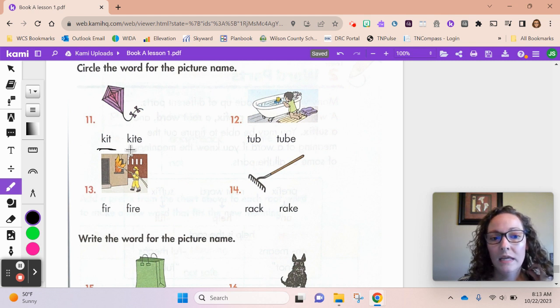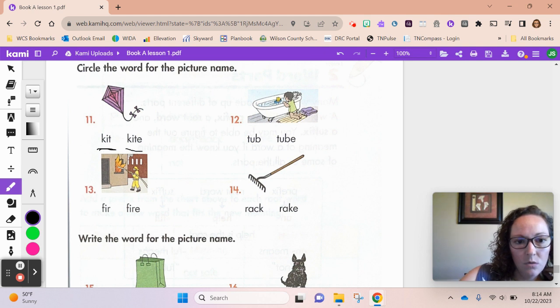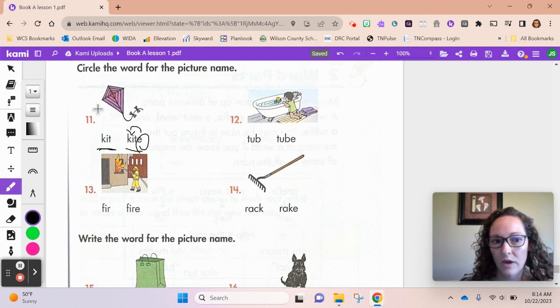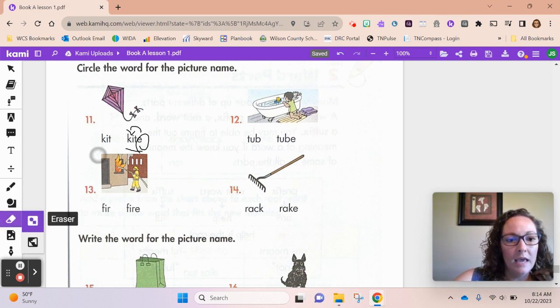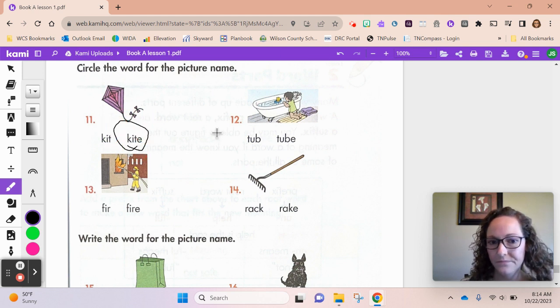And then when it has a silent E, the E makes the I say its name, I. Okay, so number 11, this is a kite. Kite. I hear the long I sound. This word is kit. This is kite. That is the correct answer.